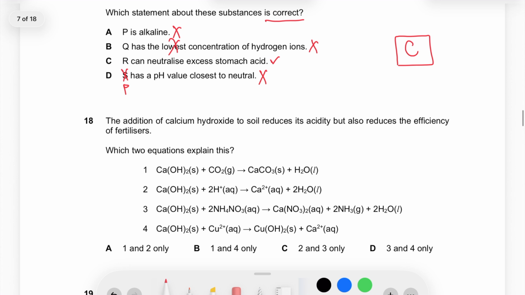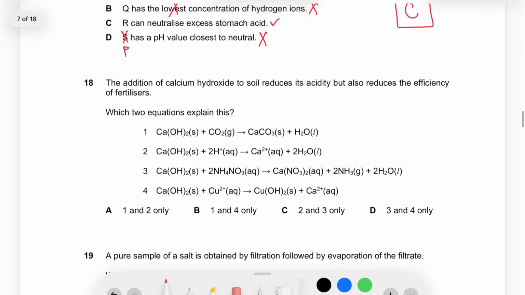Question 18. The addition of calcium hydroxide to the soil reduces acidity and reduces the efficiency of fertilizer. Which two equations explain this? The important thing is you need to know this equation. Your alkaline reacts with ammonium salts to give you a salt, water, and ammonia gas.